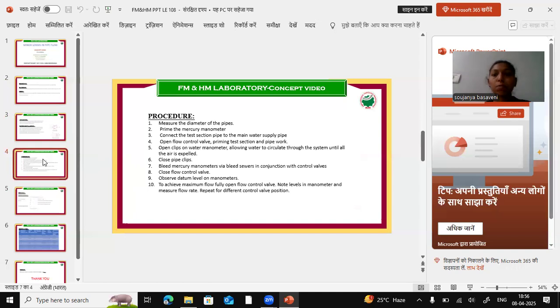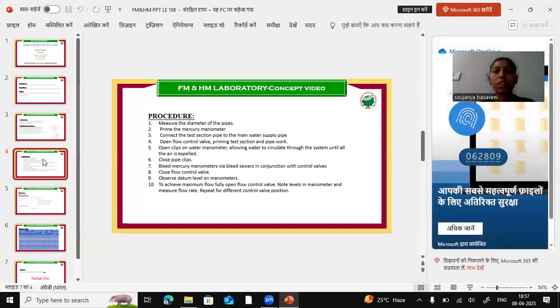Next, for this experiment we need the following procedure. First of all, measure the diameter of the pipes. Next, prime the mercury manometer. Connect the test section pipe to the main water supply. Open the flow control valve, priming the test section and pipe work.